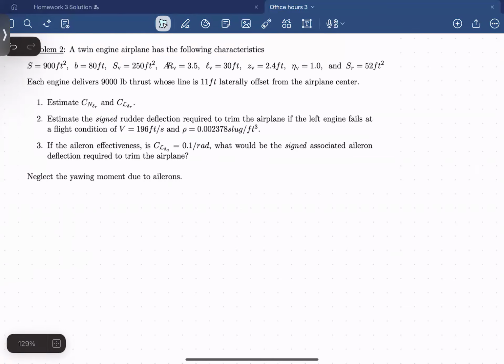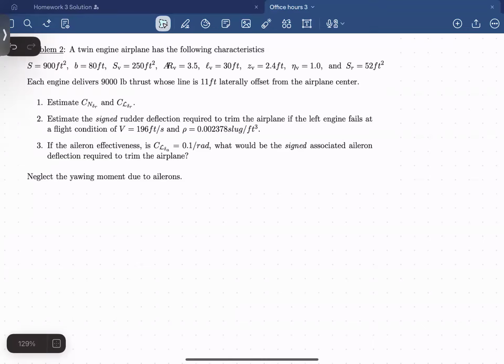Okay, so moving on. A twin engine airplane has the following characteristics. We have the platform area is 900 feet square, and so on. Not important right now, but there is a lot of information about the vertical tail and rudder area. So first of all, we have been asked to estimate Cn delta R and Cl delta R. Nothing very daunting here, to be honest.